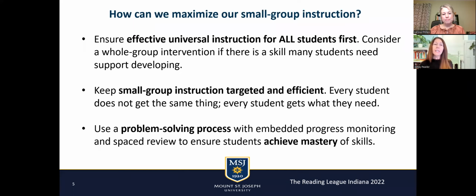The other thing we need to be thinking about is that when we do identify a need for small group, it should be very targeted, very specific, and efficient. Our small group instruction shouldn't be where we deliver the same thing for all students just in a small group setting. Small groups are most efficient when everybody gets exactly what they need. And in order to do that, we again have to start with a problem-solving system.